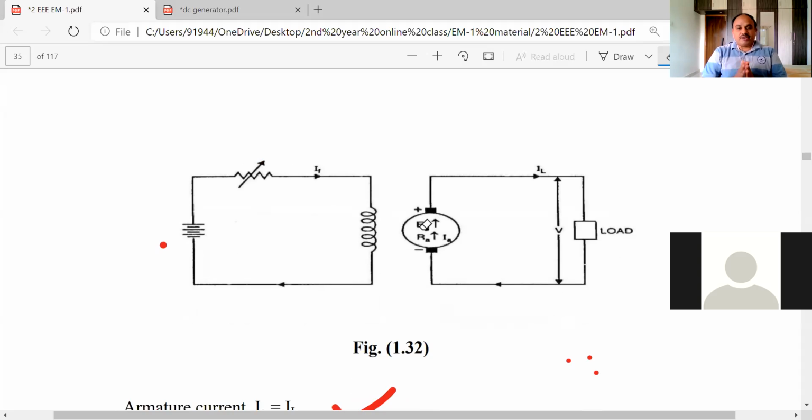But the armature is made of a copper coil. The armature is nothing but a copper winding. The winding has some resistance, represented with Ra. Because of this resistance, some voltage drop occurs across the armature winding itself, at the armature terminals.